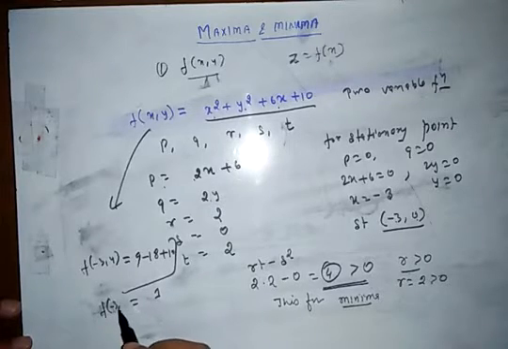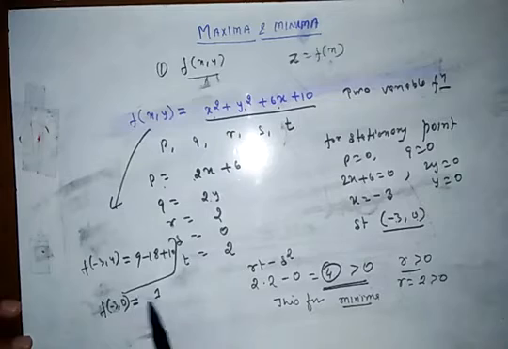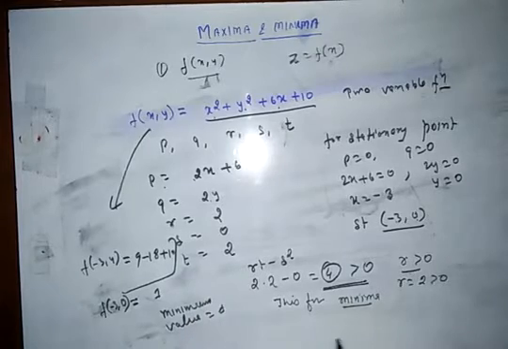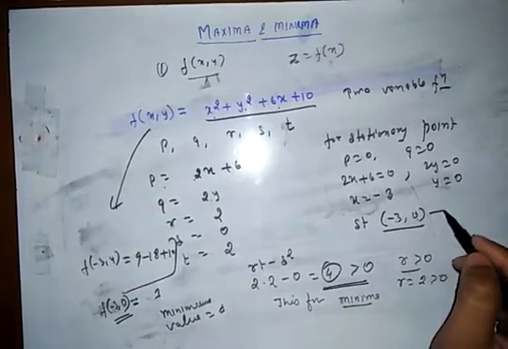So the minimum value is 1, and the minima point is the stationary point minus 3, 0.